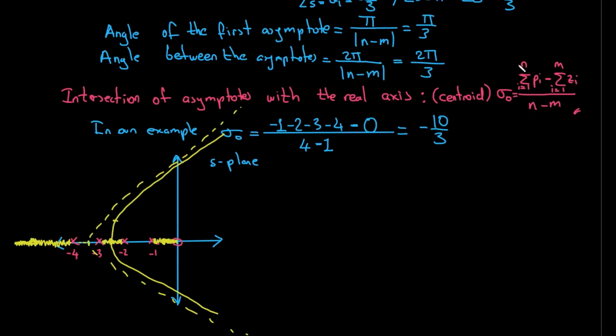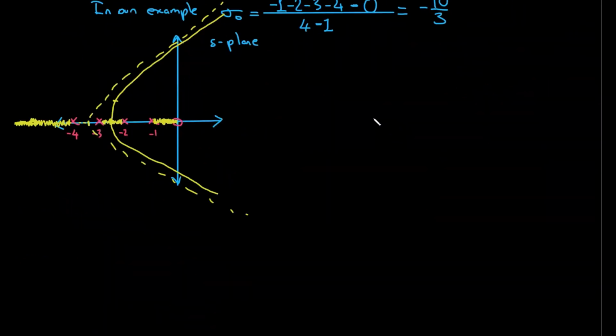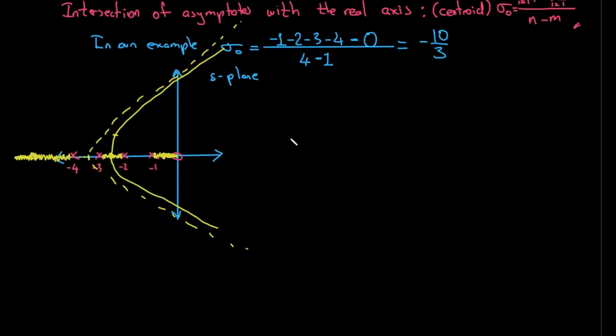By the way, we can derive this formula as well, but it takes about 1 lecture hour. So if you are curious about it, just reach me, we can derive it together at a later stage, but it's not critical how to find this point. But again, you will make a similar approximation, just like we did for the asymptotes, to find that centroid point. So it's not very difficult, but it takes some time. Any other questions?